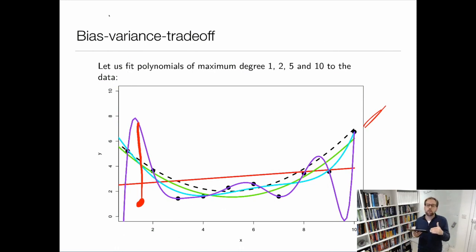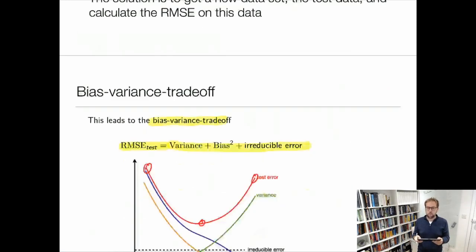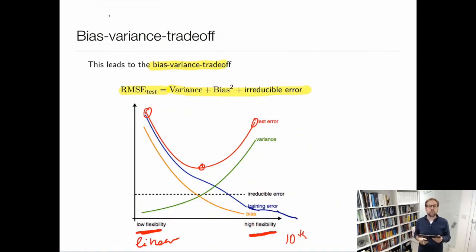It obviously doesn't look so good now, but with an infinite amount of data, I would get a perfect fit for the 10th order model as well. So the bias, which is this difference in the infinite data limit, is positive for the 1st degree, and then basically goes to 0 for the 2nd, 5th, and 10th order polynomial. In general, it will be a decreasing function like the yellow line. The more flexible I make the model, the lower this term becomes.